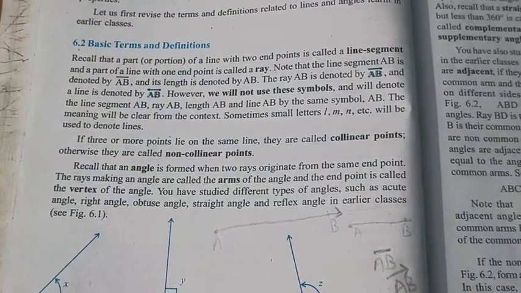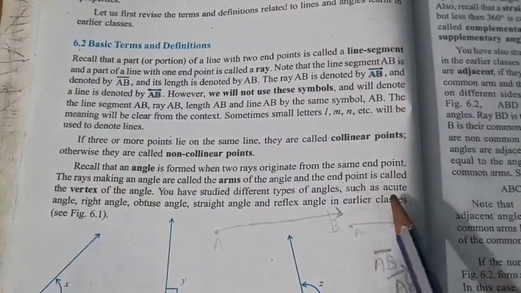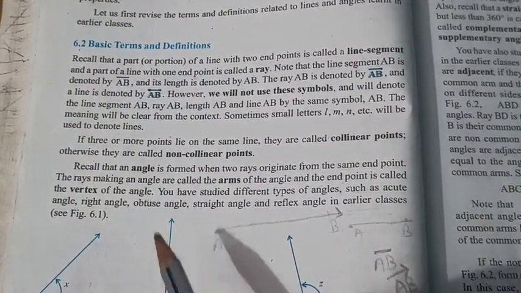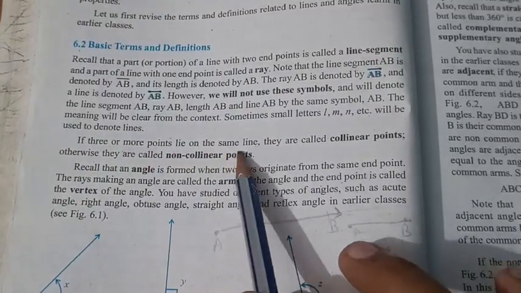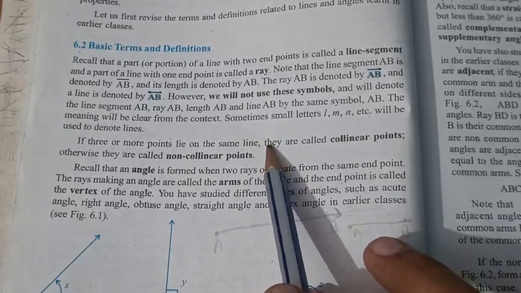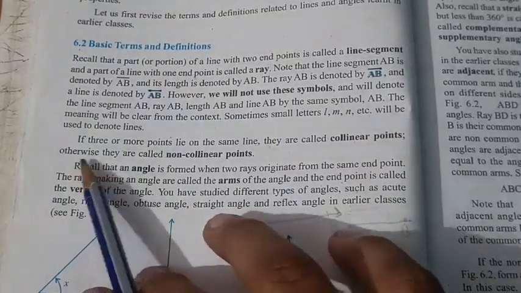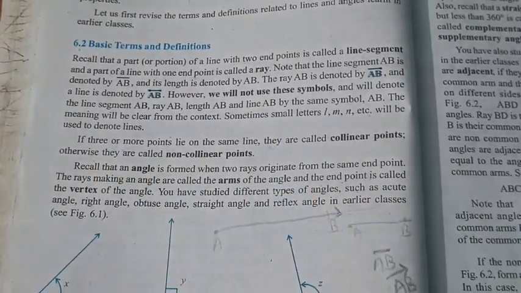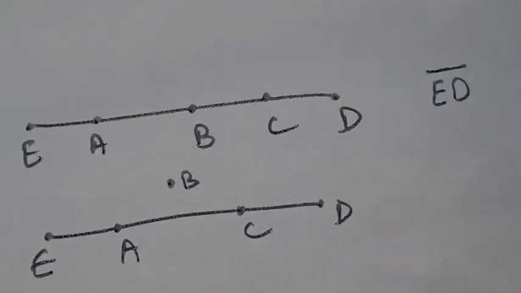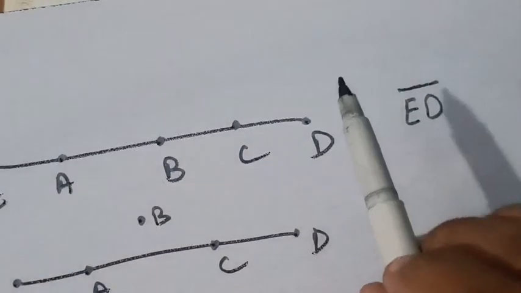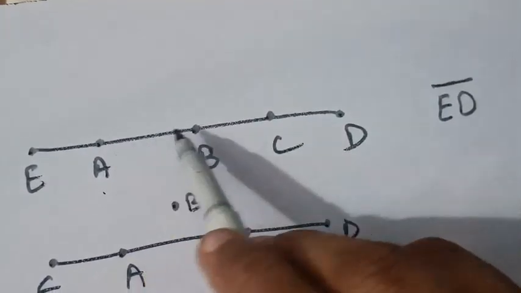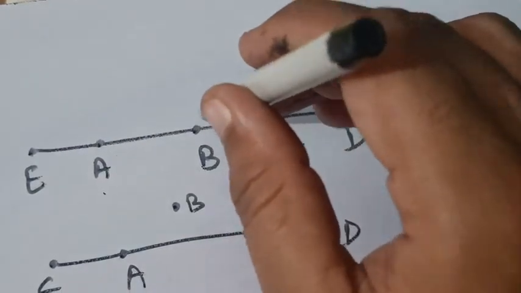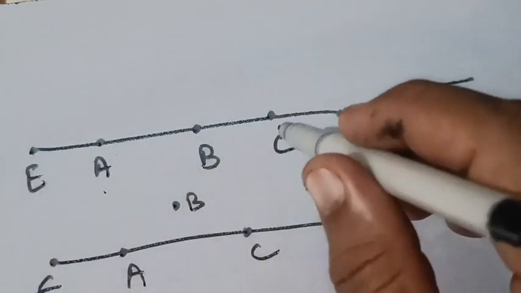But we do not need to use these symbols. It is only for your knowledge. So let us come ahead. If three or more points lie on the same line, they are called collinear. Otherwise they are not collinear. Here ED is a line segment, the distance between E and D is fixed, and A, B, C are all collinear, meaning all these points lie on the same line.